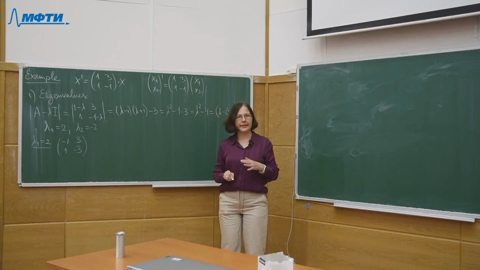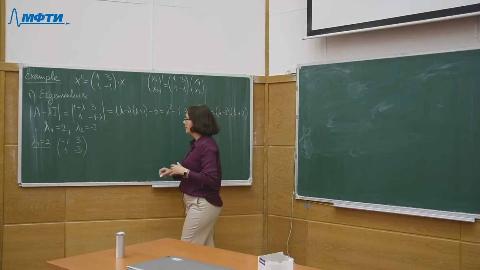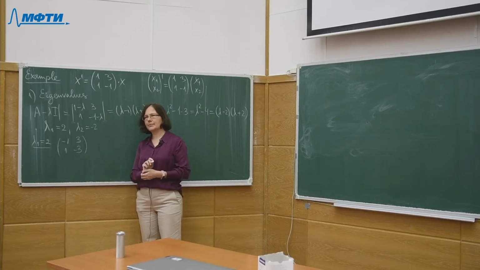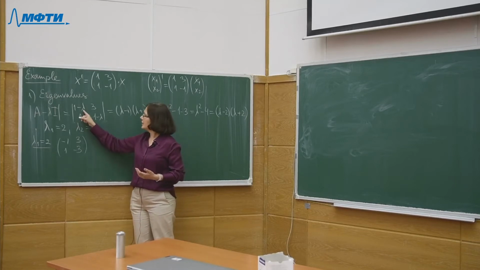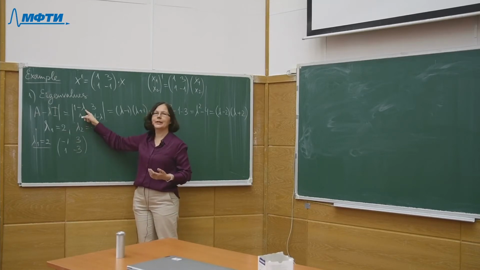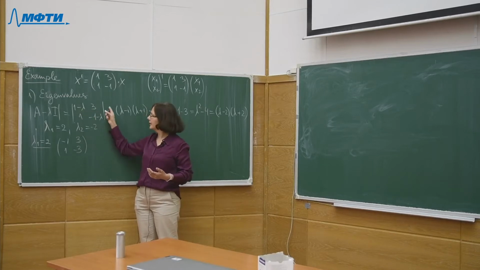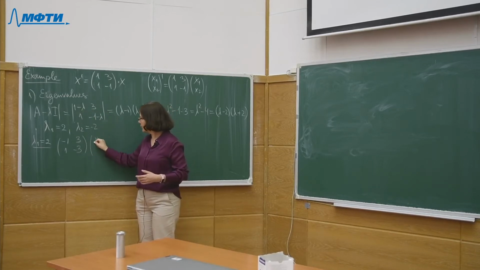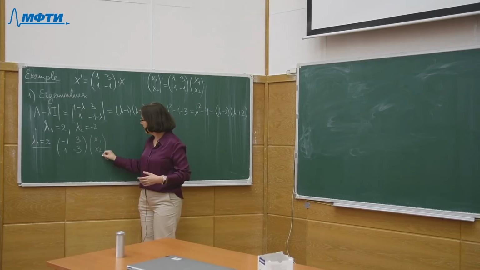Okay, is it clear now? So how to obtain this matrix? This was studied last year, but maybe it is important to recall some steps. So we should substitute 2 for lambda in this matrix, and then find a vector x1, x2 such that this product is trivial.